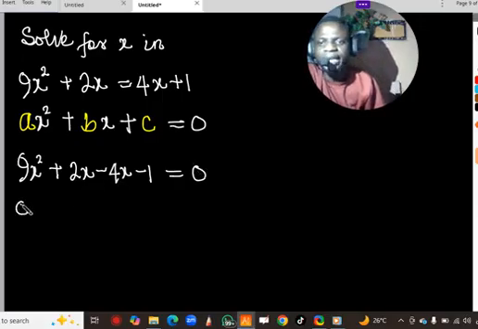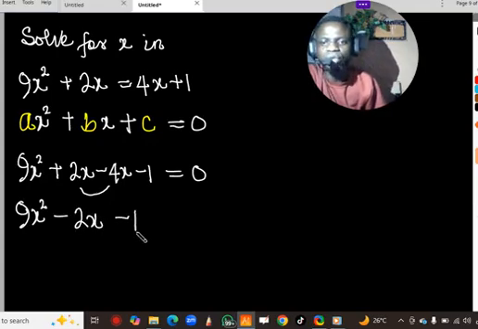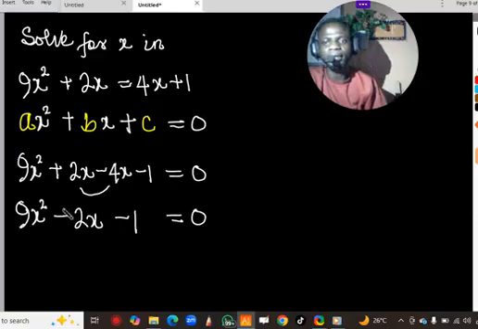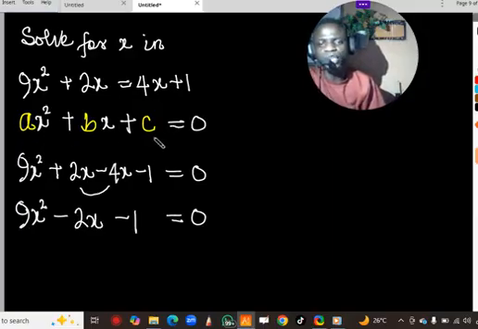Simplifying, we have 9x squared. These two terms are like terms, so you have to simplify them. 2x minus 4x is minus 2x. Then minus 1 equals 0. So we now have that 9, negative 2, and negative 1 are equivalent to a, b, and c, as in the general form of a quadratic equation.